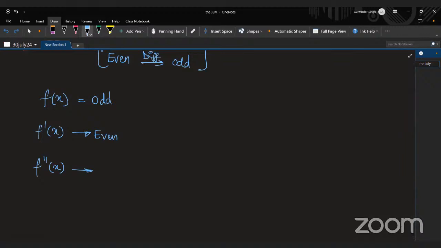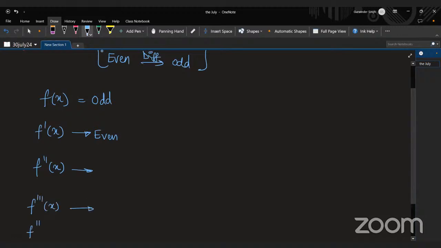Double derivative means derivative of derivative, differentiation of differentiation. So double derivative basically means derivative of f dash x. Tell me, f double dash x, will it be an odd function or an even function? Similarly, what about f triple dash x?